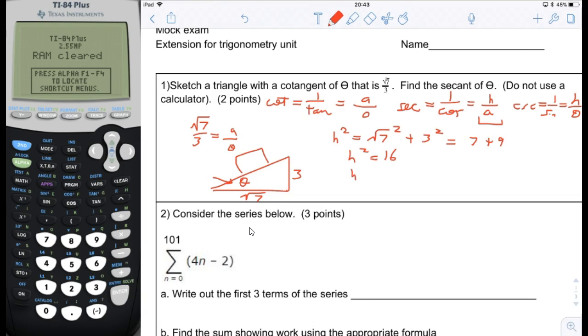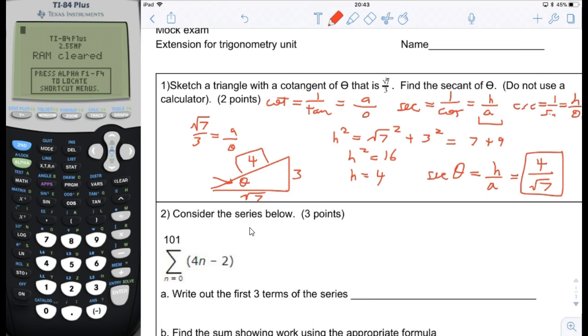And so h is equal to 4. So the secant of theta is the hypotenuse over adjacent, which would be 4 over square root of 7.